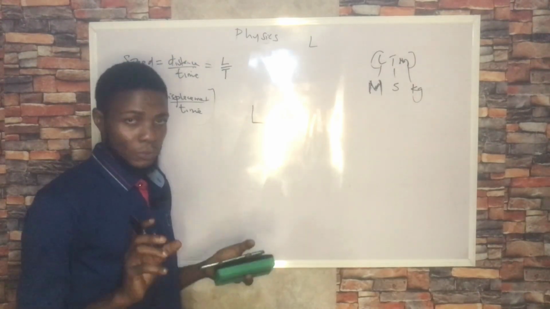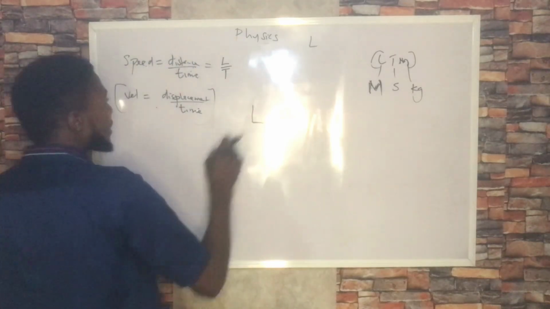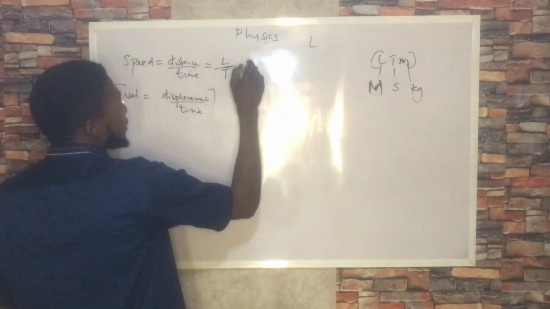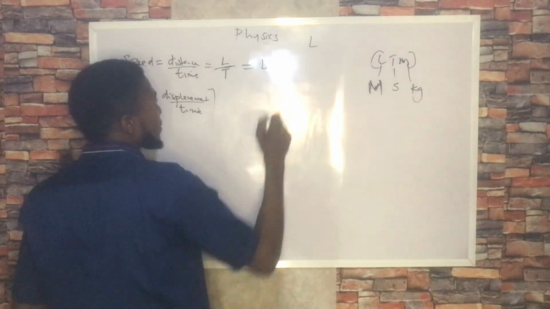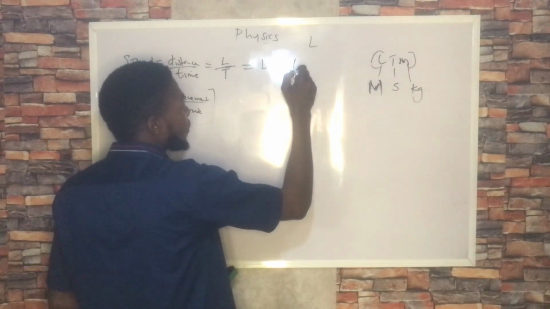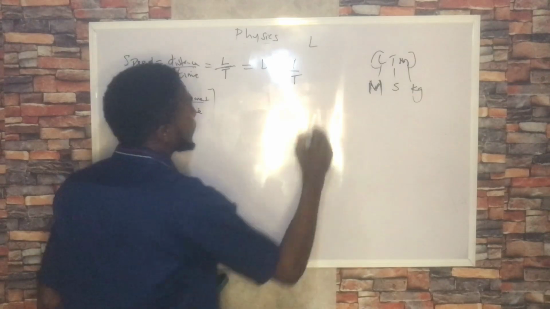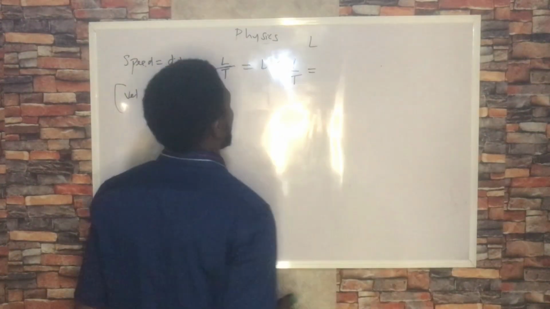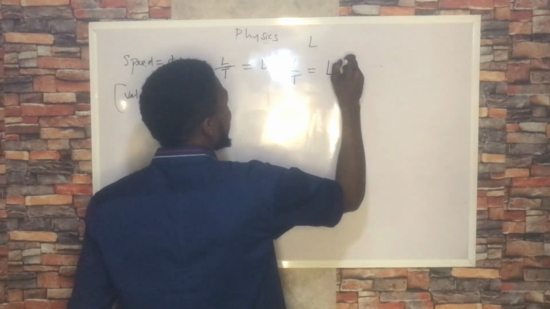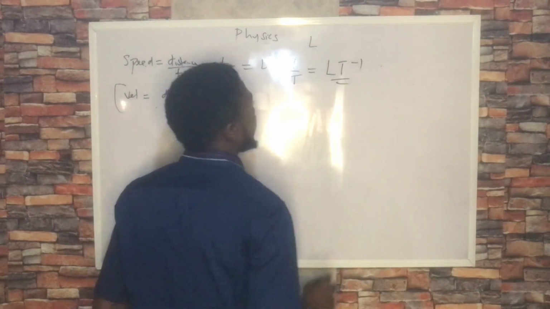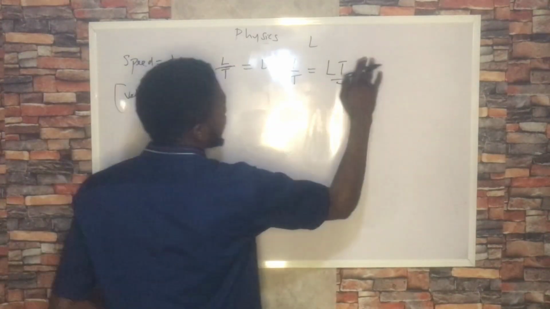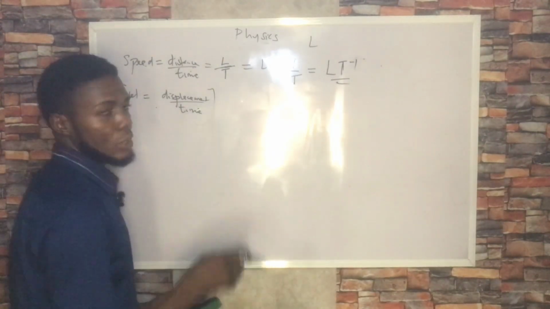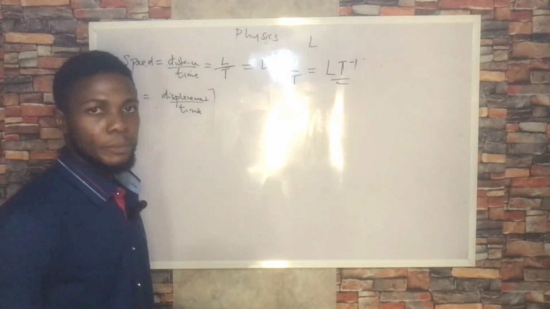There are several ways of doing things like this. So now it will be something like this. It's equal to length times 1 over T, which is equal to LT inverse. Look at it very well. LT inverse. This is for speed, and likewise velocity.